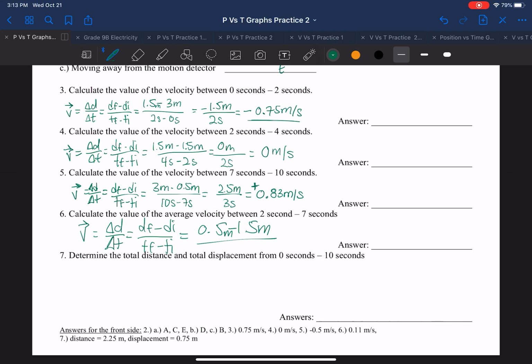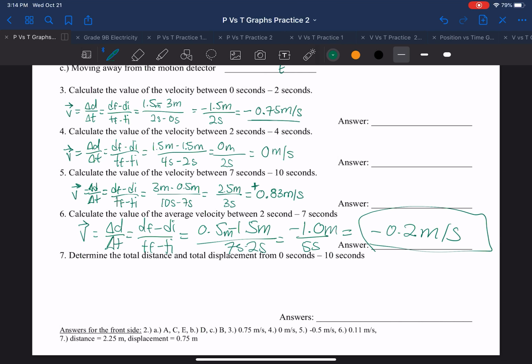Practice putting in those units. And then we have 7 seconds minus 2 seconds. We get negative 1.0 meters over 5 seconds, and then your average answer is negative 0.2 meters per second.